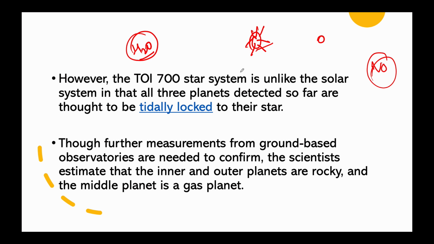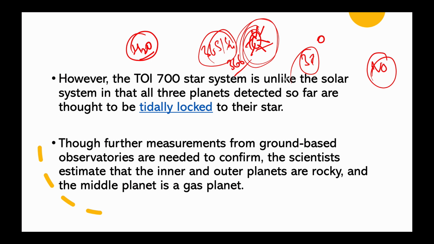You can compare, because our Earth takes around 365 and a quarter days, which is why after 4 years we make it 366 days, to revolve around the sun, to complete one circle around the sun. But the new planet which is discovered takes just 37 days. So right, this is clear.